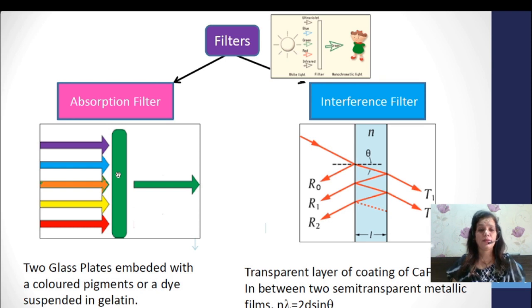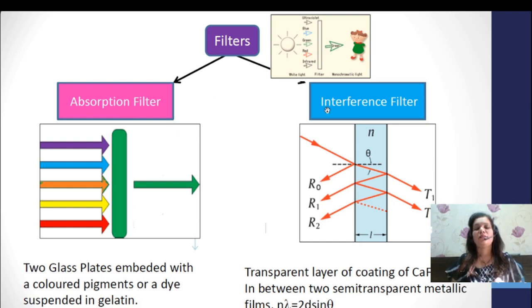The color of the dye we utilize is a complementary color, which might be different from the color obtained from the filter. So you have to use different filters depending upon the color pigment imbibed. You will get different wavelengths, and you can utilize this absorption filter as a source of a particular wavelength in colorimetry.